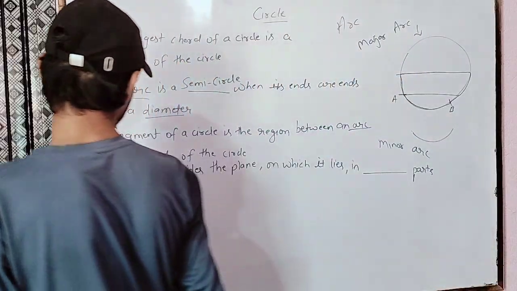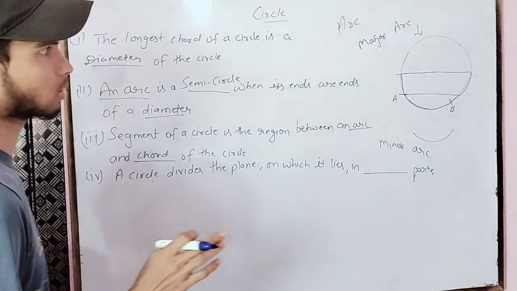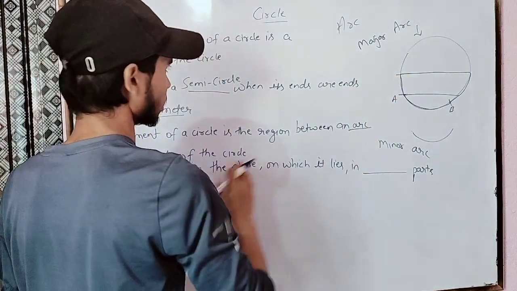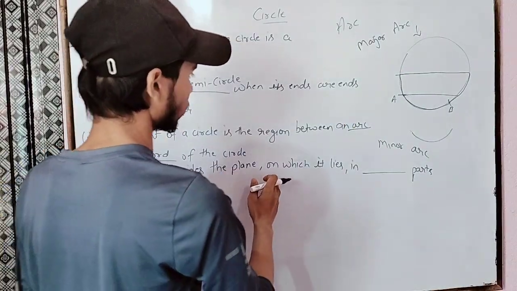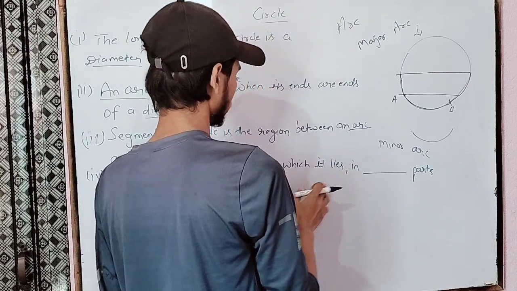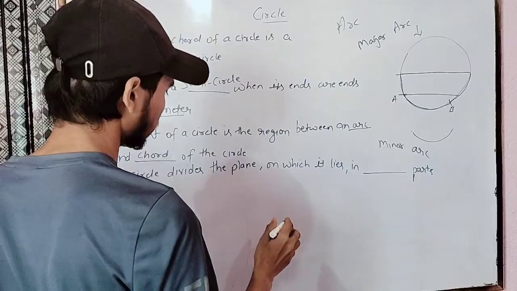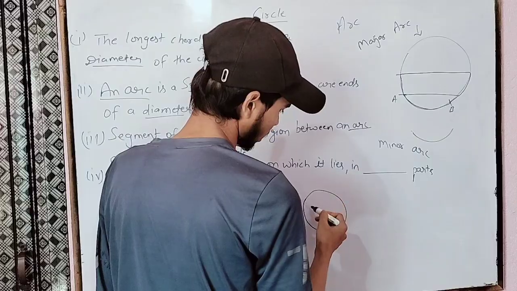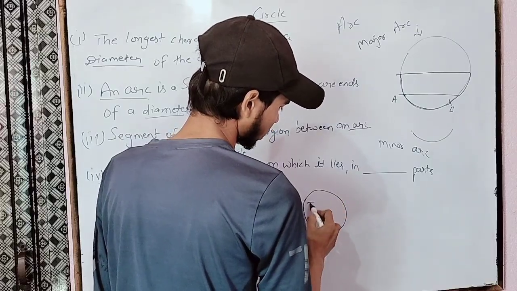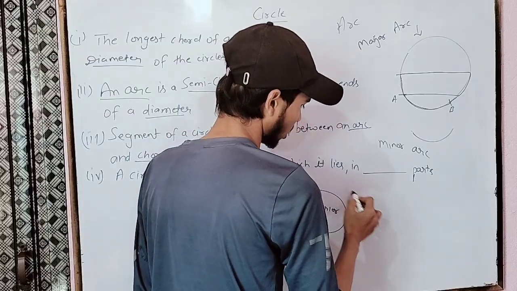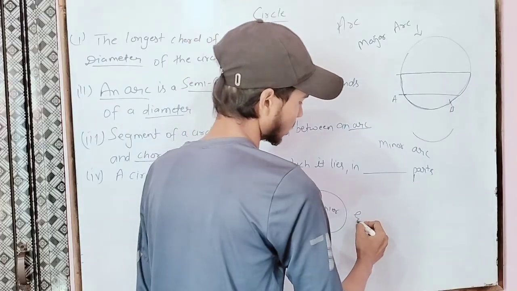Read it carefully. A circle divides the plane on which it lies. This is a plane, and the circle is dividing it. One more point I would like to discuss about the circle is that the inside area is known as the interior part, and the outside part is known as the exterior part.